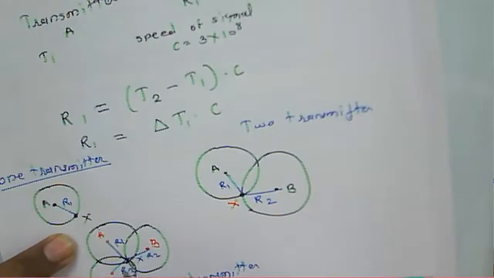That's why in the satellite system, to obtain the position of the satellite, we need to use the Earth-centered Earth-fixed coordinate system.